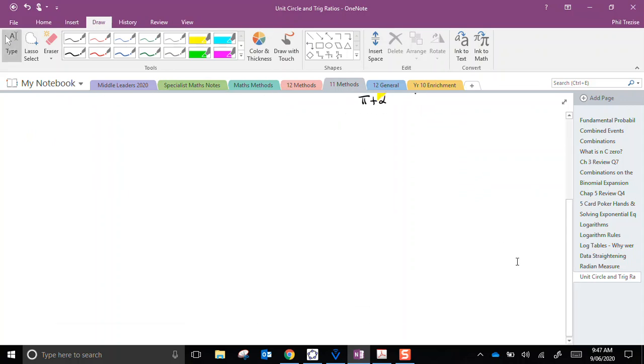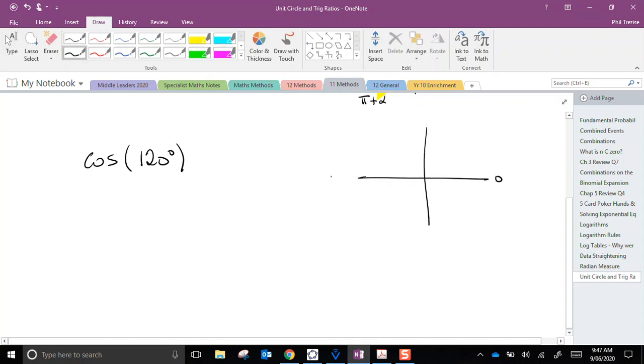Let's try one with some numbers now. Here's a good question: find the exact value of cosine 120 degrees. Draw yourself a quick sketch. Mark in where 0 lives. We're in degrees this time, so this is 180 degrees. This is 90 degrees. Now 120 is closer to 90 than here, so it doesn't have to be a perfectly accurate diagram.